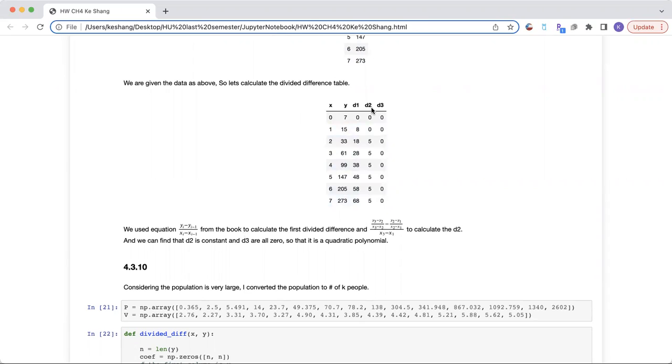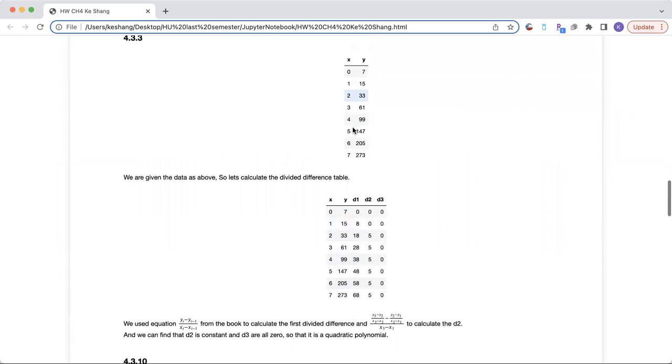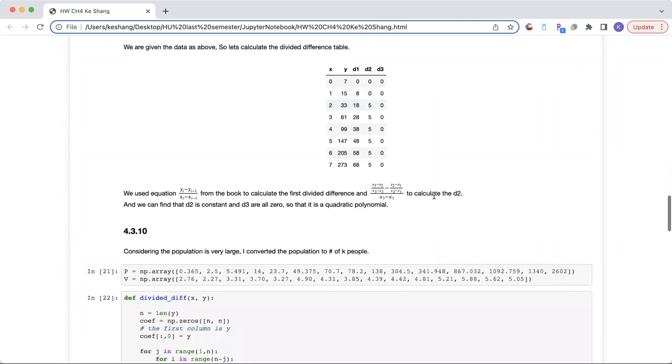We can say that for d2 the divided differences are all the same for this set of data, and for d3 they all become zero. So it is clearly a quadratic polynomial in our case, and we can use a low-order polynomial to solve this question.